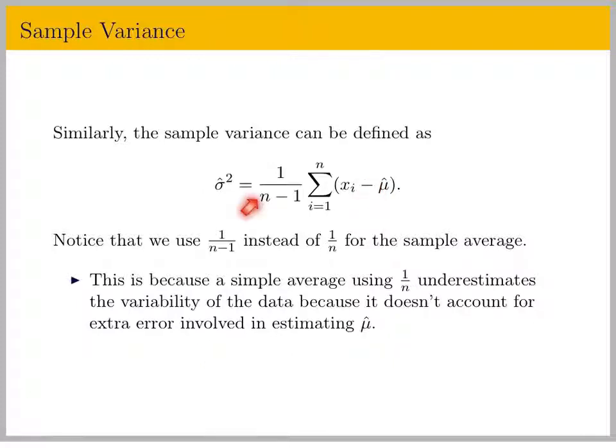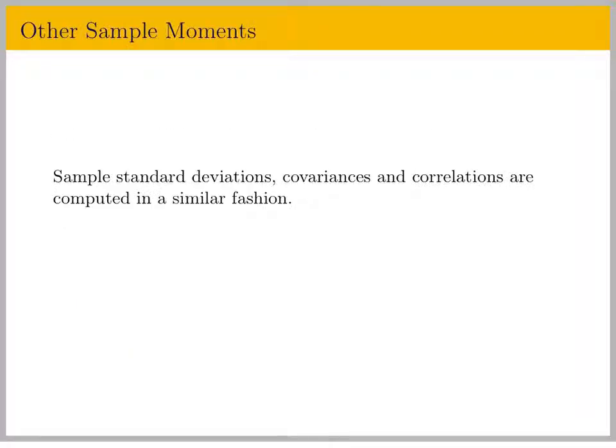And if we simply use 1 over n, it underestimates the amount of error in this whole quantity on the right-hand side. And so what we do is we remove 1 degree of freedom, is the terminology. We subtract 1 from the n, and that actually makes this number a little bit larger, which accounts for the error in our estimation right here.